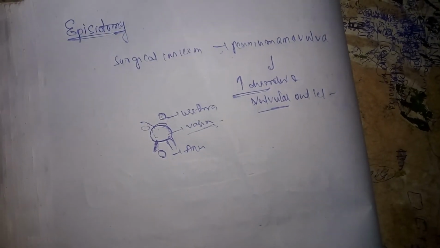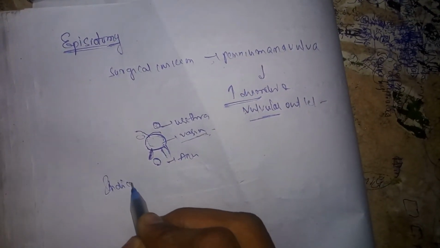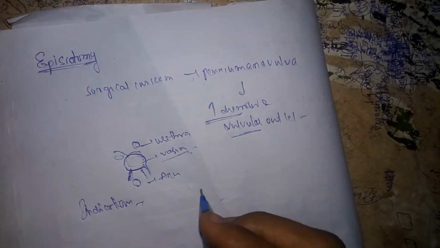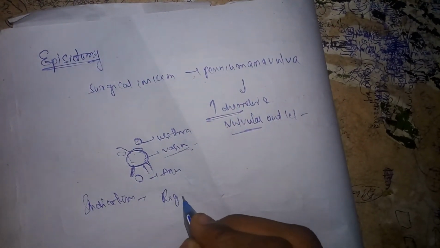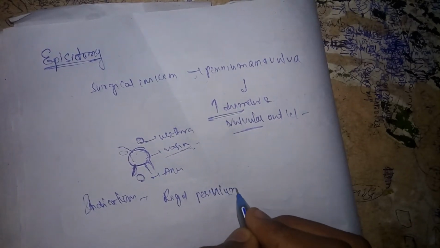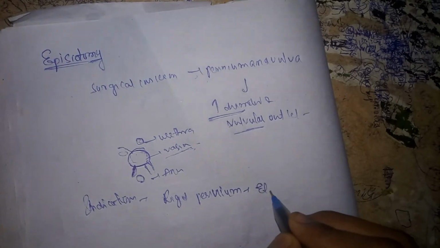Let's see the indications of episiotomy. When do we need to do an episiotomy? One indication is a rigid perineum, usually seen in elderly primigravida.